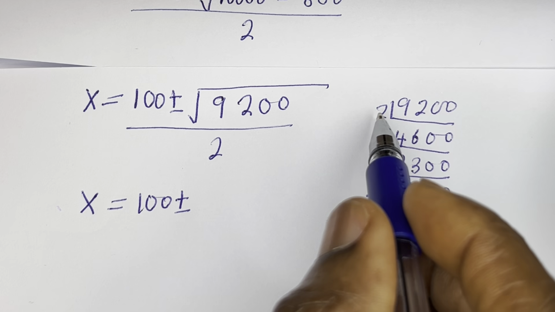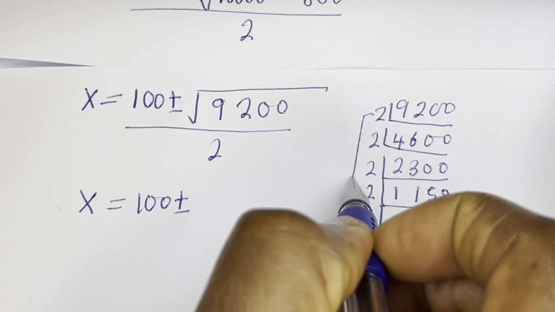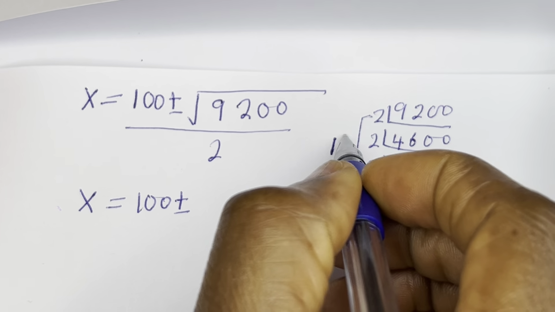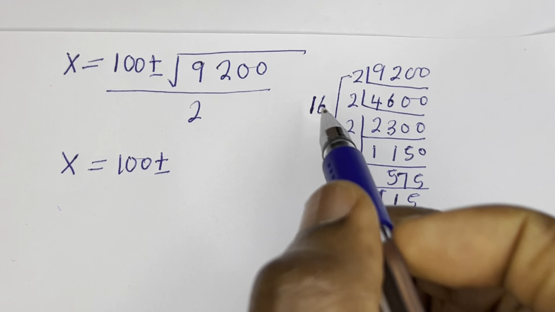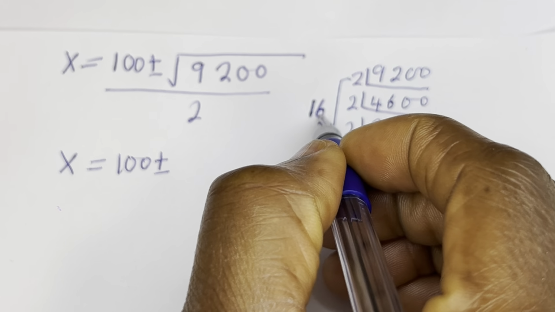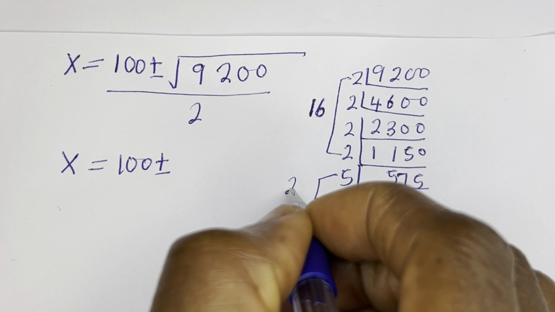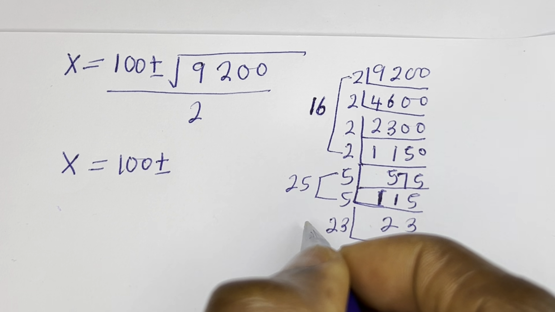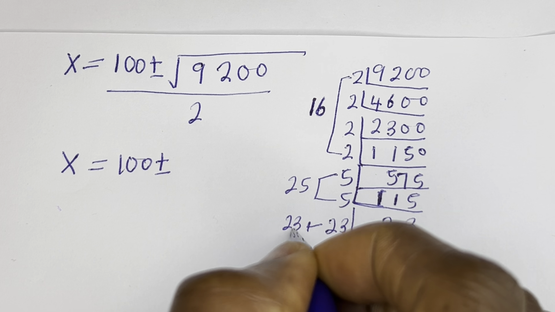Now here we have 2 times 2, 4. 4 times 2, 8. 8 times 2, 16. From here to here is 16. Then from here to here is 25. And this is 23.